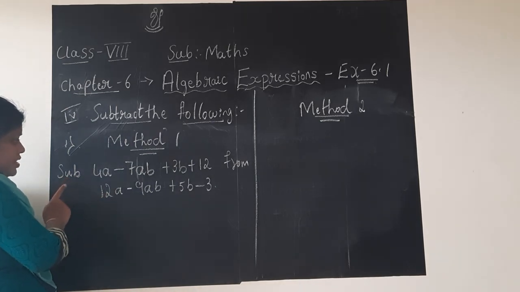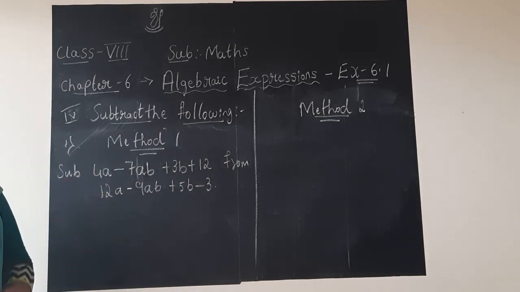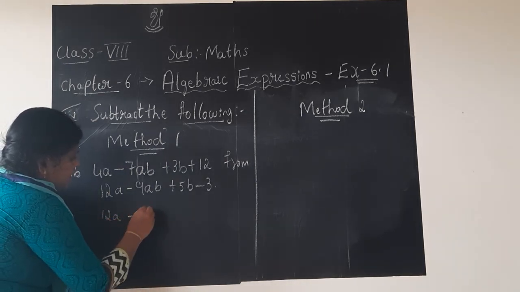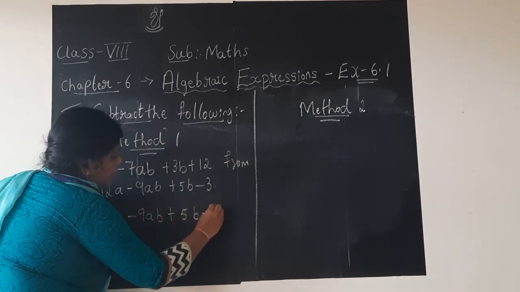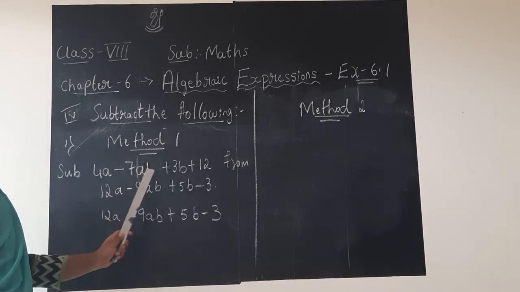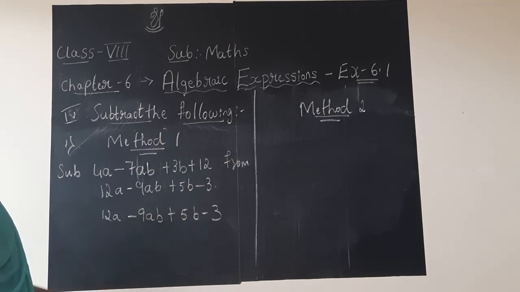Now, as I said you, after 'from' whatever the expression is written, that should be written first. So 12a minus 9ab plus 5b minus 3 is the second expression. From this we need to subtract this. If at all the terms are given in the same order of the variables, then you write it as it is.